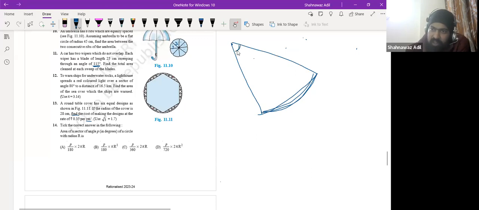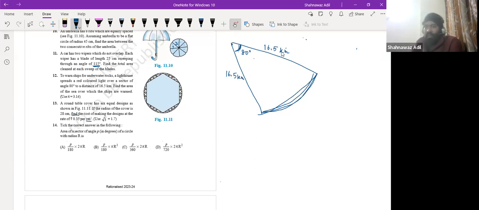Right, so this is a sector, and the angle they have also given. The angle is 80 degrees, and they have also given how much length it covers. This is 16.5 kilometers. The light is going 16 kilometers, so that is quite a huge distance. That is why they are using a red colored light, because red colored light can go to a far away distance, right?